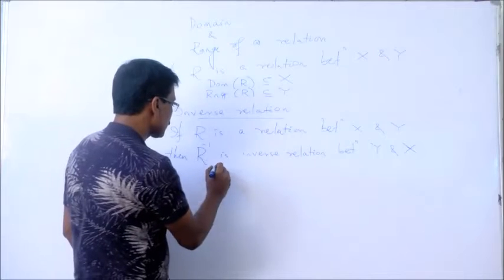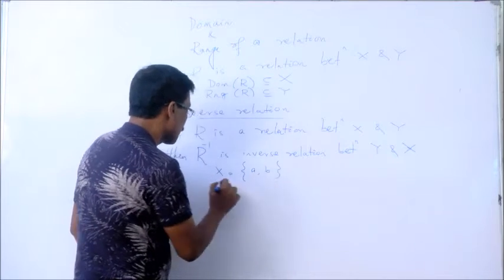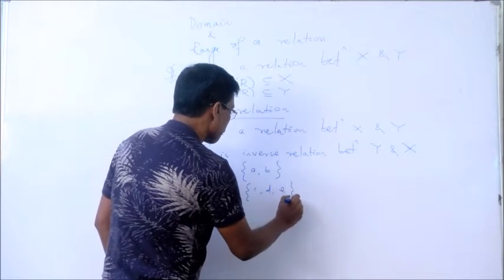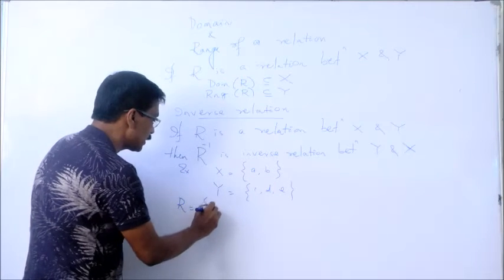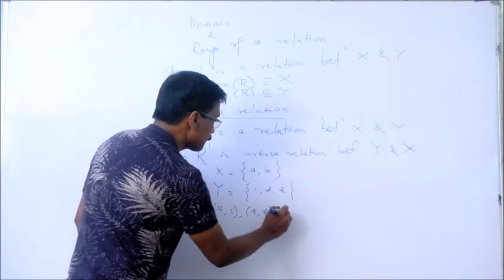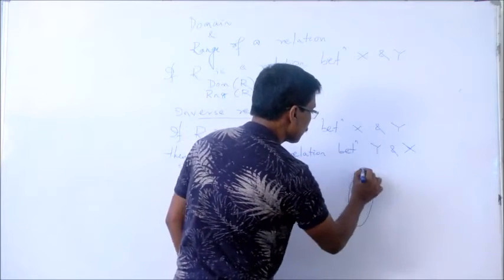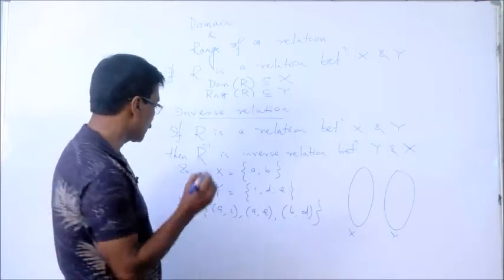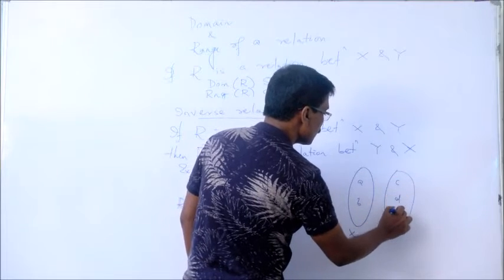Say X set has elements a, b and Y set is c, d, e. Suppose R is a relation equal to (a,c), (a,e), (b,d). So, we can pictorially represent it by X set and Y set. X set has elements a, b and Y set is c, d, e.